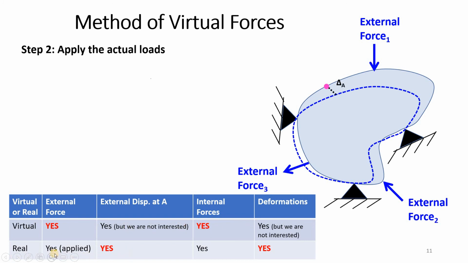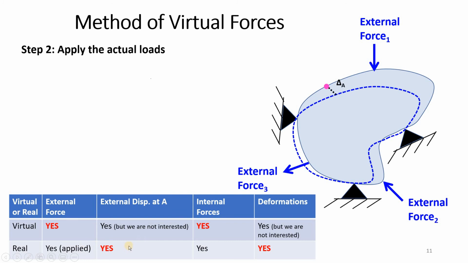We are now in the second stage. We have applied some external loads, and those are the real loads. That's why I have written real over here. And then all those effects will be produced: external forces, external displacement, internal forces, and all deformations. The external force is applied.